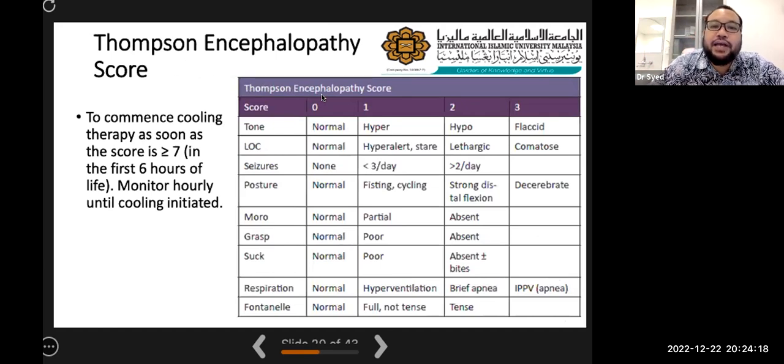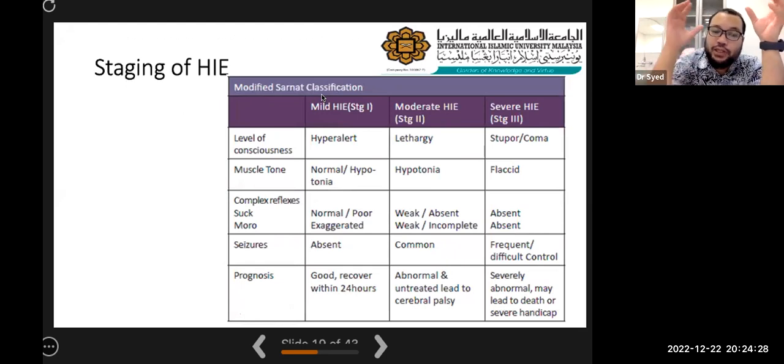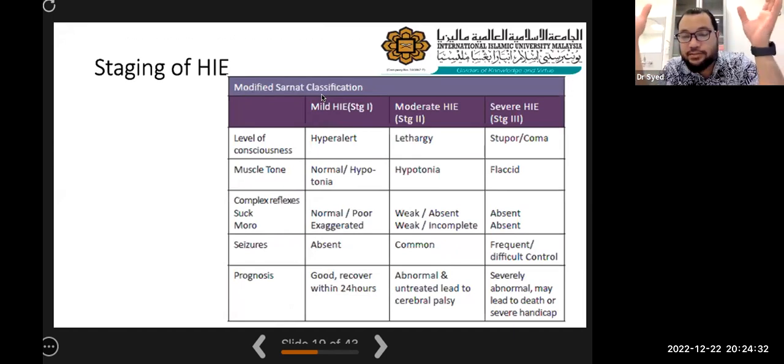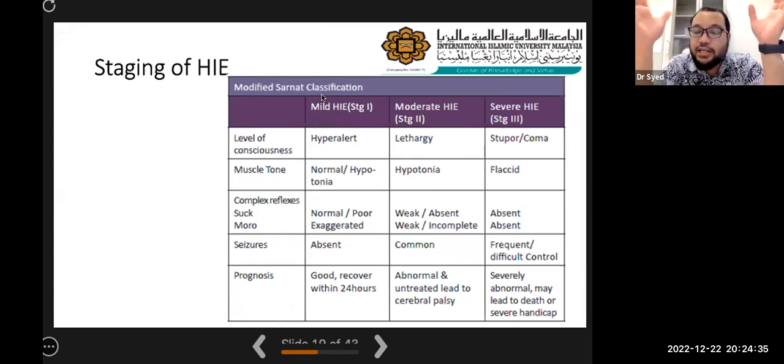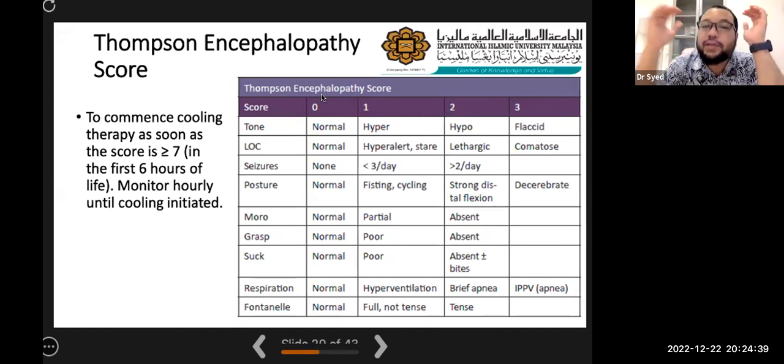Kita juga classify HIE using Thomson encephalopathy scoring. So, kita Sarnat classification ni is important untuk kita classify the severity. It's important for prognostication. Sarnat classification. Thomson classification pula is important untuk treatment.